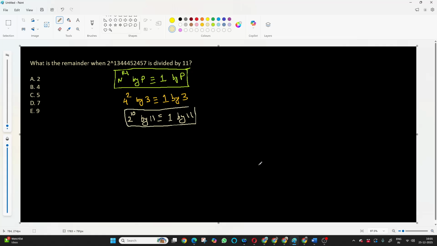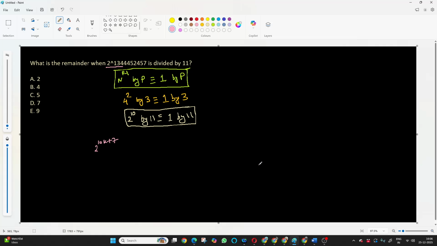This is good. Now, if this is true, relate it back to this expression. This huge expression is nothing but 2 to the power, and whatever is there in the power side is nothing but 10k plus 7, because 7 is the units digit.